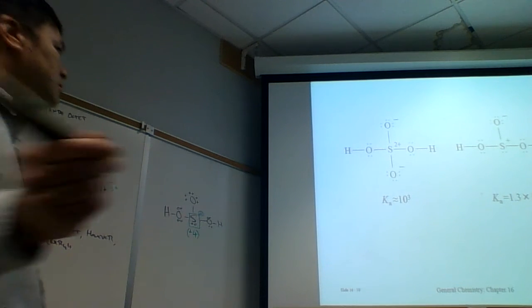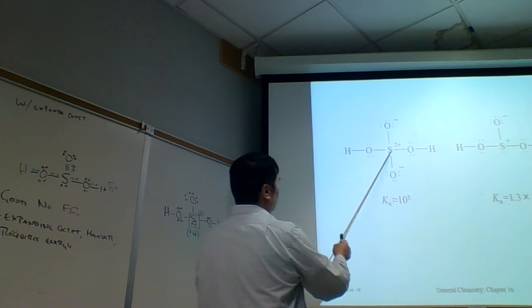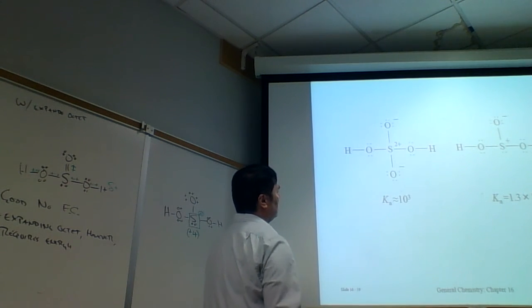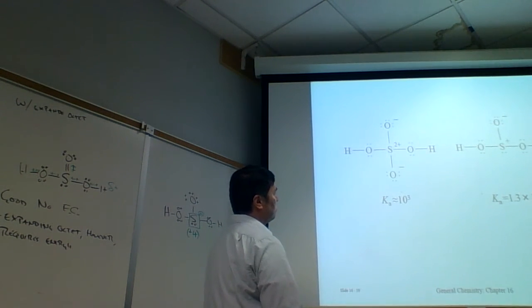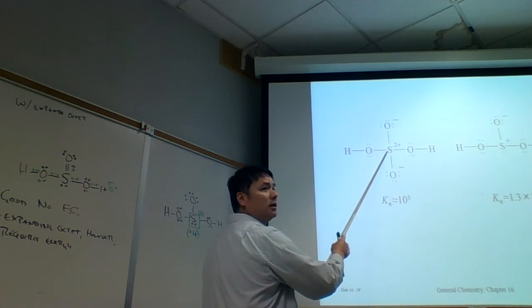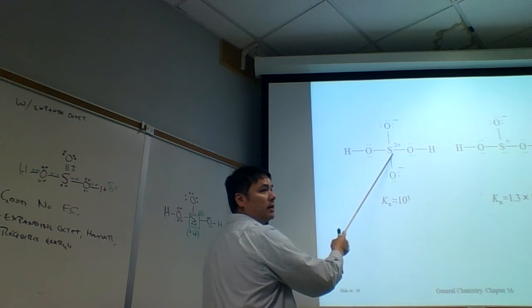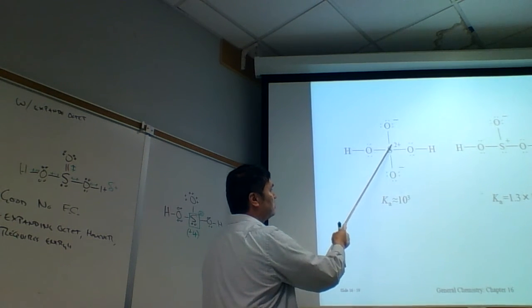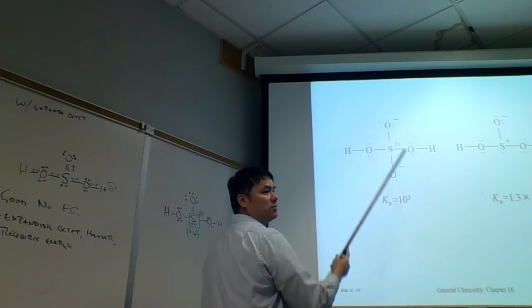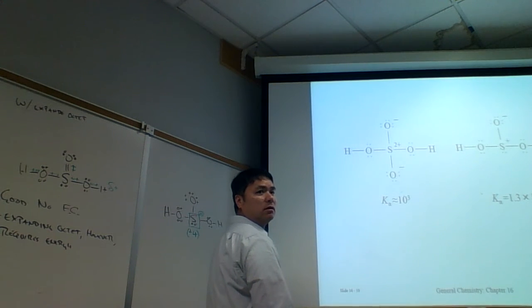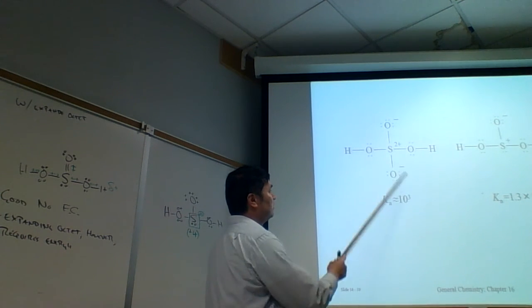What is the oxidation state on this sulfur here? +6. +6 is correct. Does everybody see that? It's winner take all. It's a tug of war, and sulfur ends up with nothing. If it ends up with nothing, it's lost all 6 of its electrons, giving it +6.